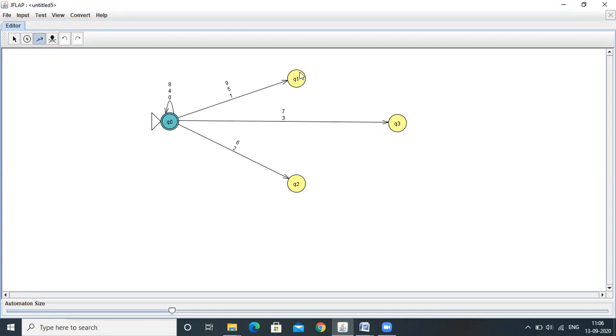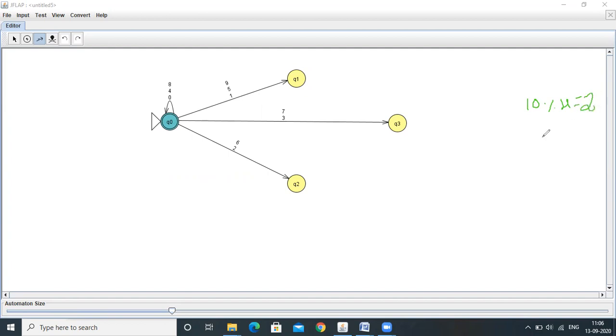Now we will define transitions on Q1. Q1 on 0: already Q0 on 1 moves to Q1, so 1 is already there, then 0 gives 10. 10 modulo 4, what is the remainder?